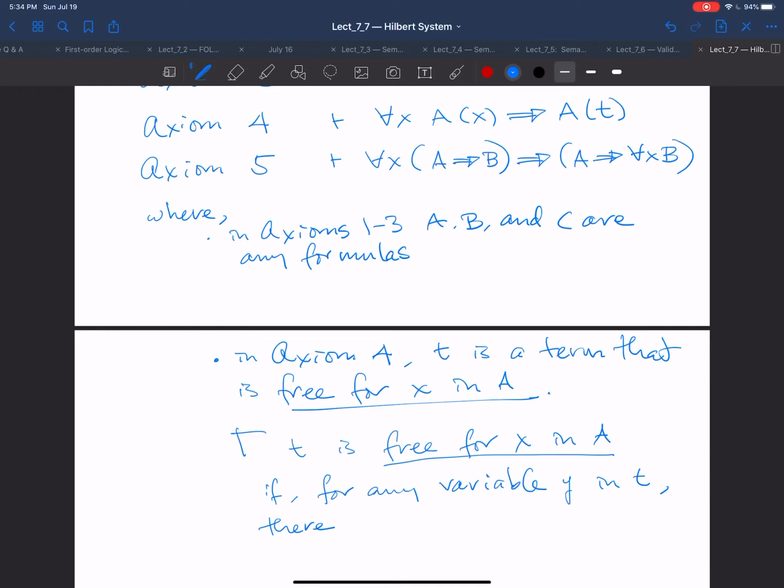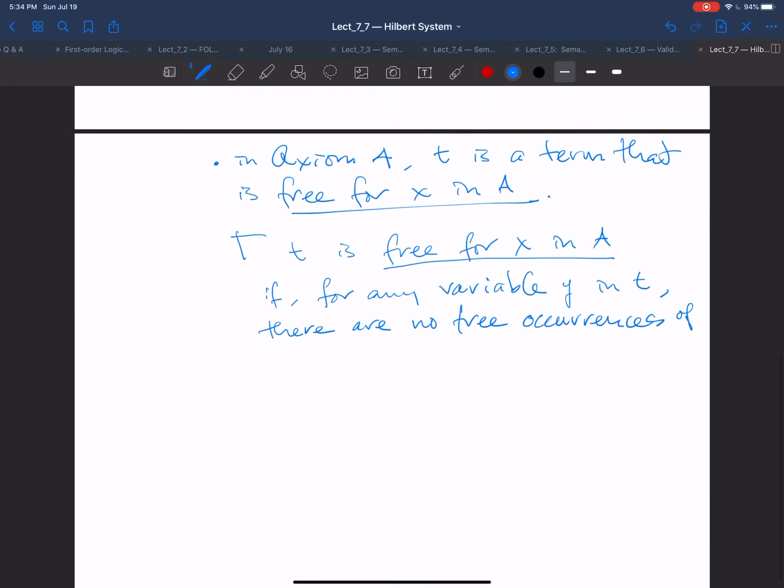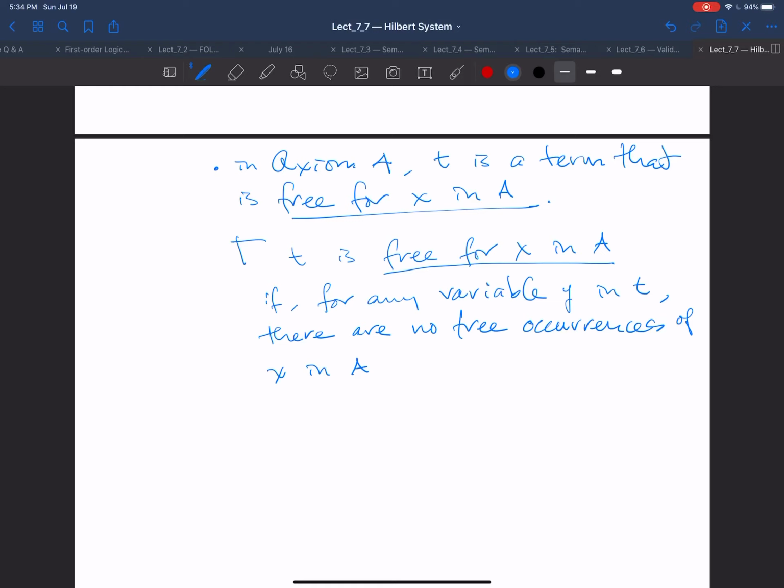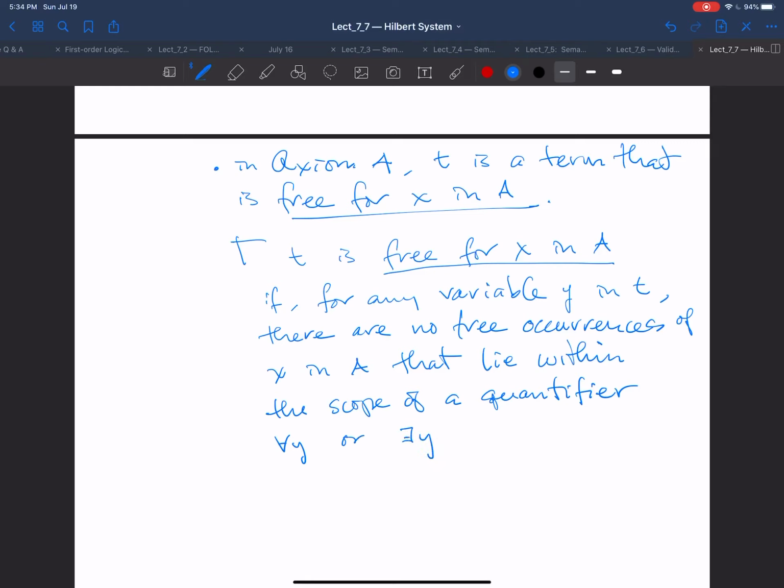Then there must be no free occurrences of x in A that lie within the scope of a quantifier involving y.